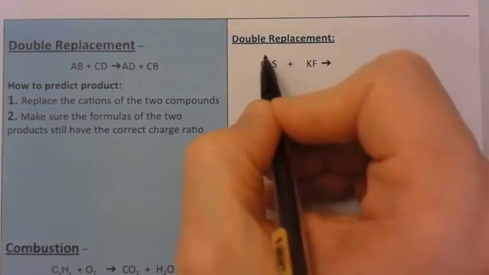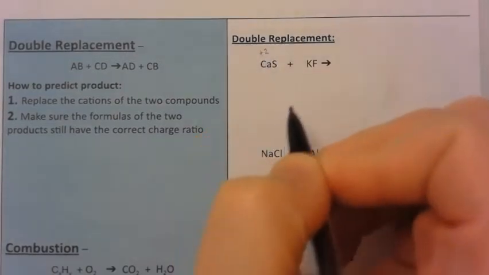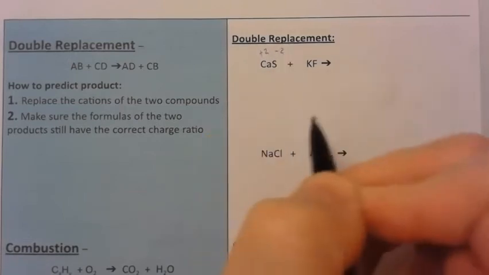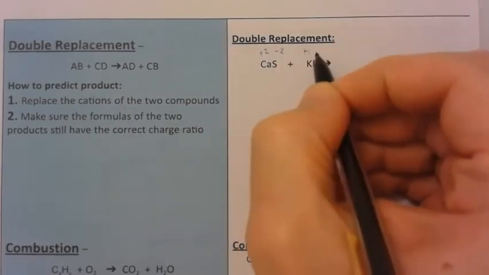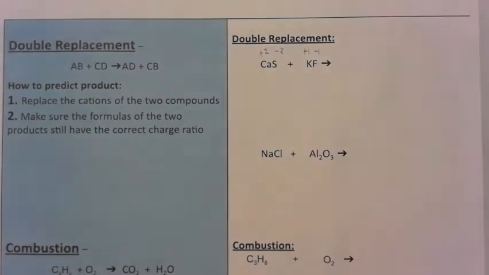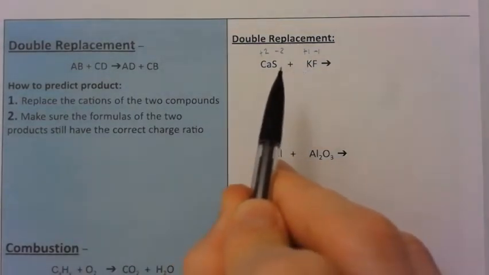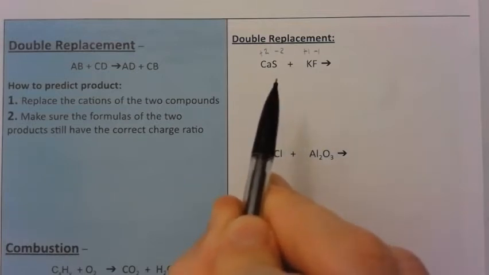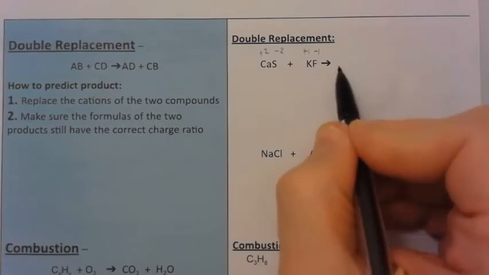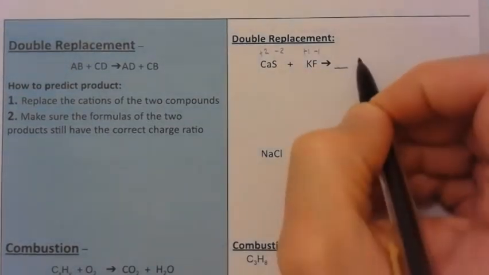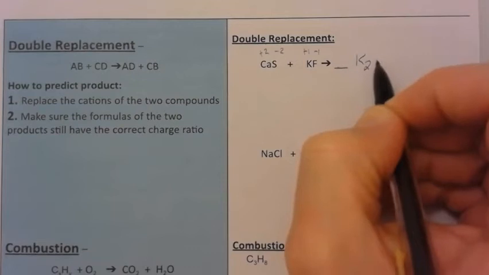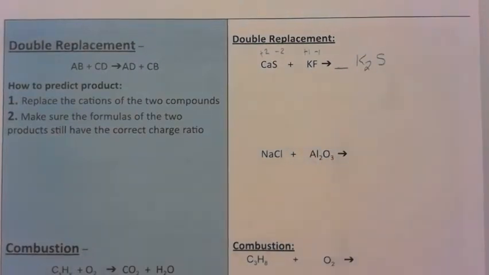And so calcium here is acting as a +2, sulfur is a -2, potassium is a +1, and fluorine is a -1. So the positive potassium is now going to react with a negative sulfur. So it wants to switch what it's bonded with. So the first product that we could form is K2S.